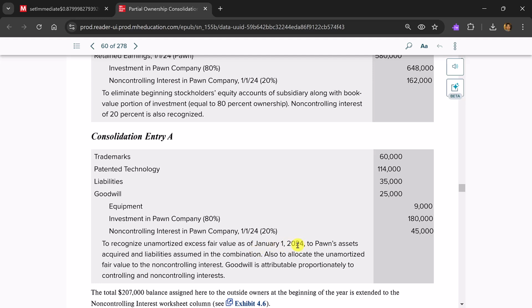So in our case, we have equipment being increased, a patent cost being increased, and then goodwill is going to be a separate entry, A2. And then we're going to reduce the investment account on the books of the parent and increase the non-controlling interest, that new row we set up on the worksheet.